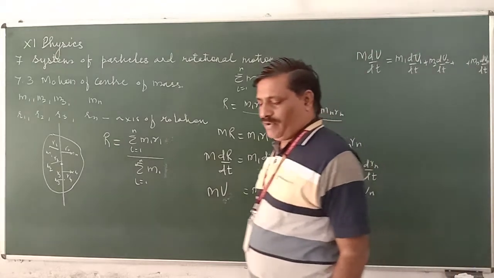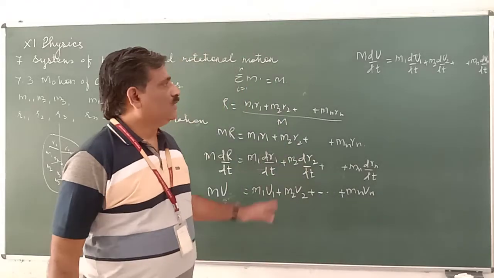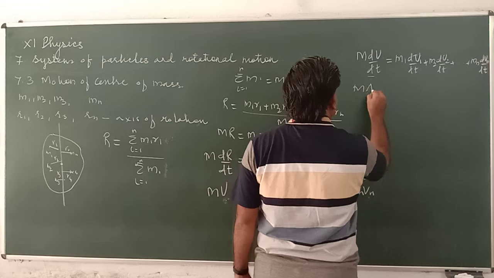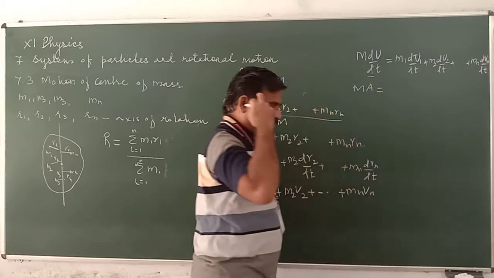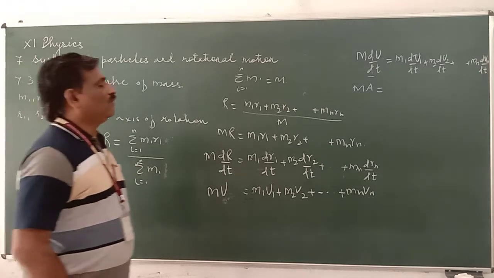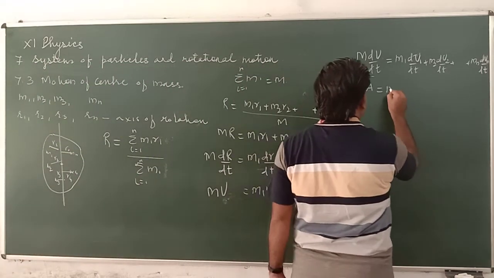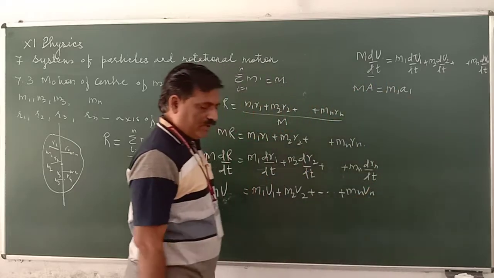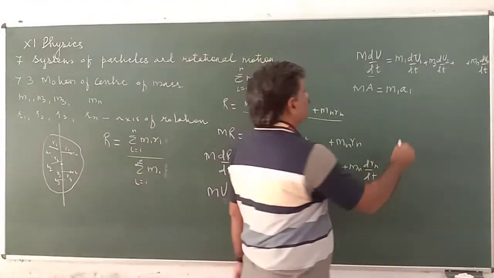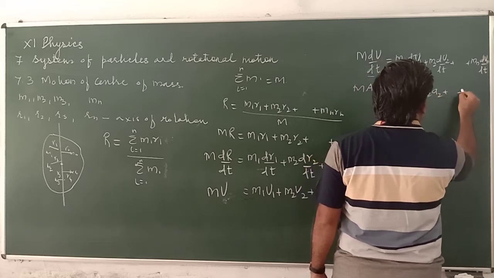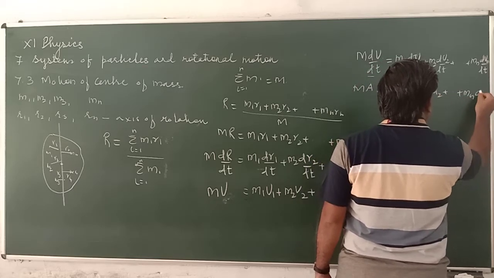So we get dV by dt, which is the acceleration of center of mass. So M A, mass into acceleration of center of mass, is equal to m1 a1, acceleration of the first particle, plus m2 a2 and so on mn an.